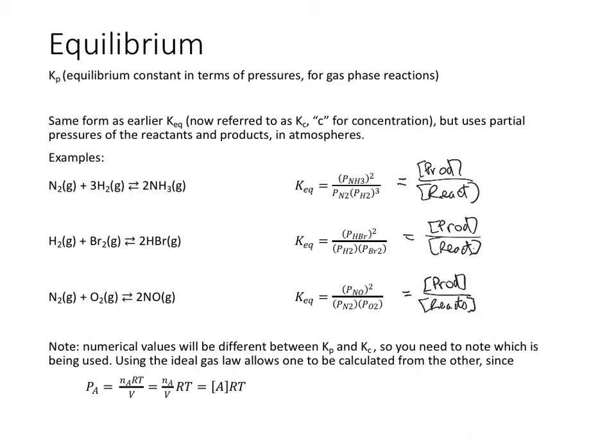Please also note that these partial pressures are going to be in atmospheres. It can be done; we're not going to cover it today. Numerical values, I can go back and forth. I can calculate Kc if I know Kp, and I can calculate Kp if I know Kc by simply substituting using the ideal gas law.